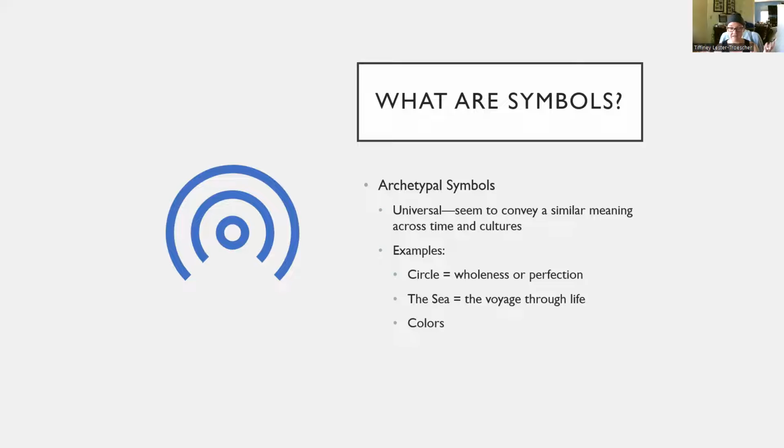Many cultures, that symbol means the same thing. The ocean or the sea is like a voyage through life. Colors often have the same symbolic meaning across cultures, right? That's important to think about. Is this a symbol just specific to the United States? Is it a symbol that would be recognized worldwide?